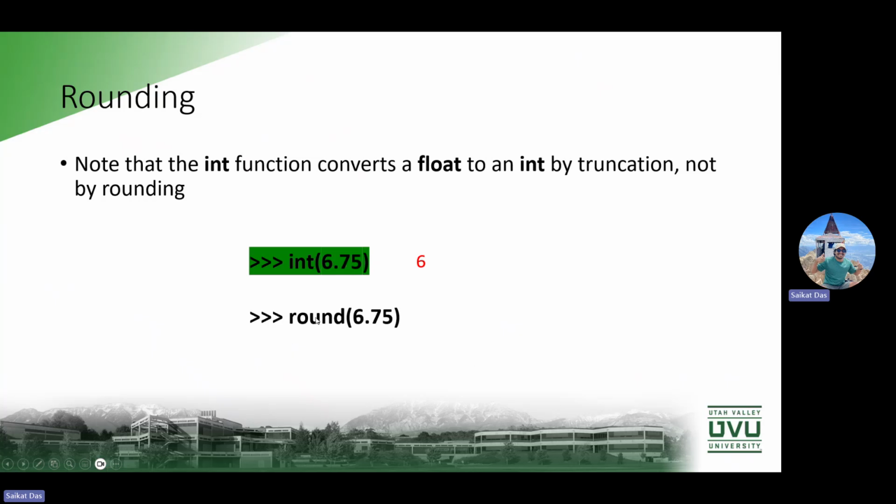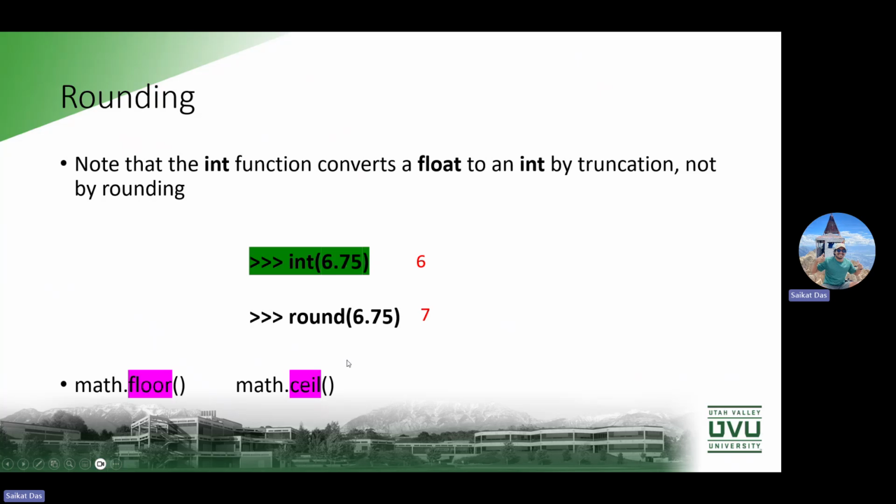If you're using round, what will happen? If you're not putting any n-digit number, it will return the next integer, 7, right?